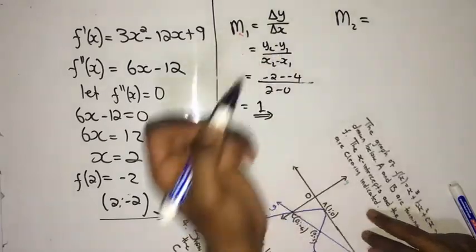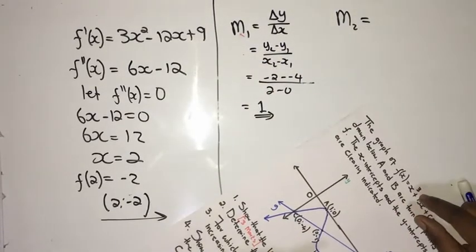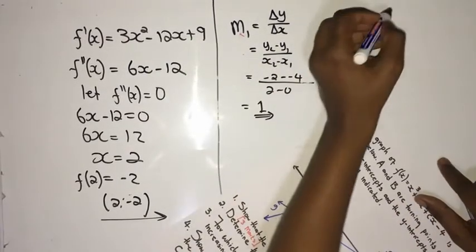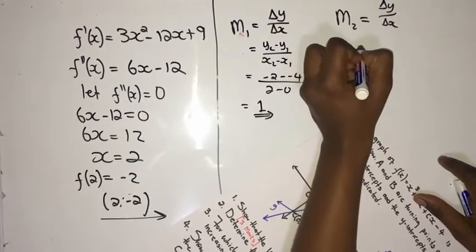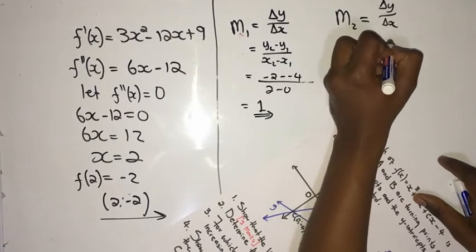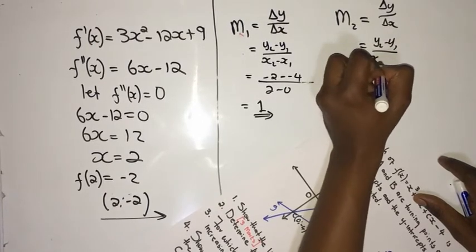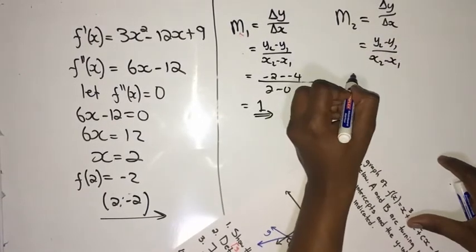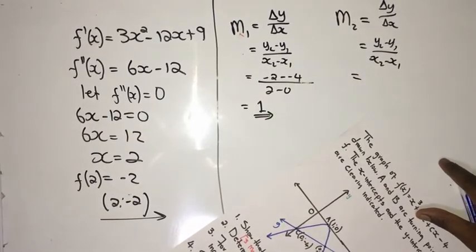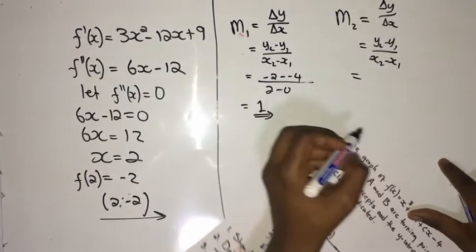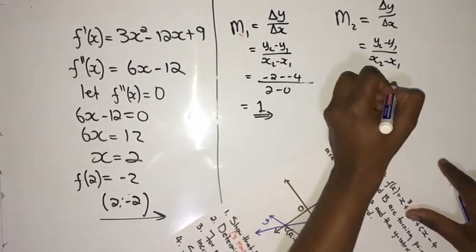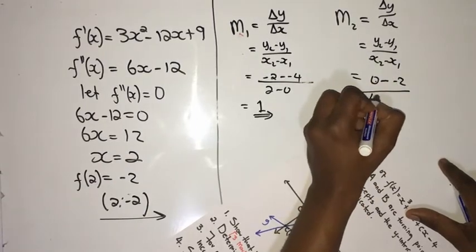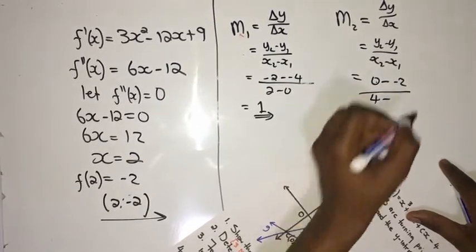The second gradient, I call it gradient 2. This is how we do it as well: change in y over change in x, which is y2 minus y1 over x2 minus x1. I'll take this as well to be (x2, y2) and (x1, y1). So now we have 0 minus 2 over 4 minus 2.